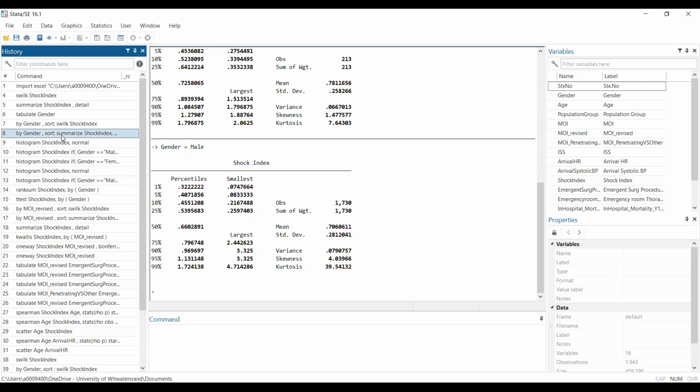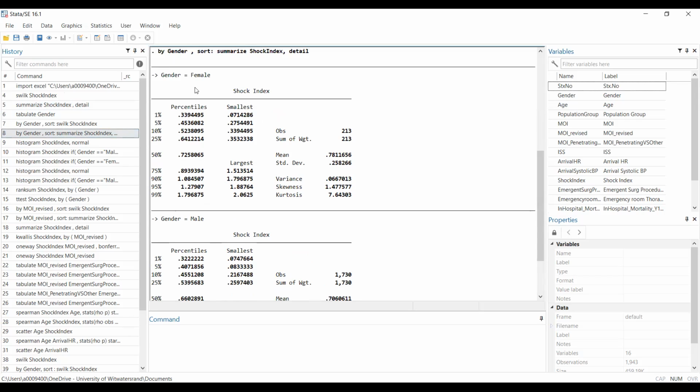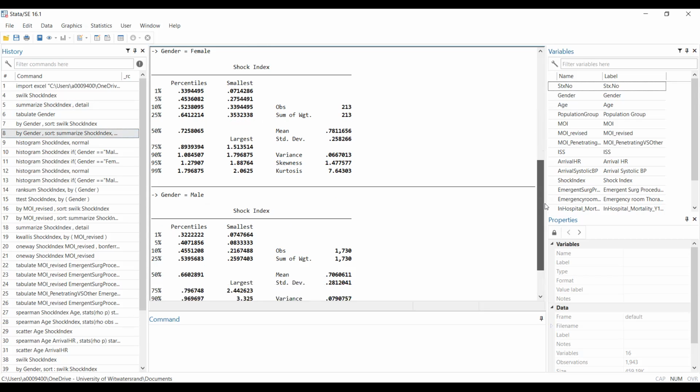So if we summarize shock index according to gender, you'll see that in females we have, again, like we said, similar median and mean, and an interquartile range. But then for males, we can see that the shock index median was 0.66 versus 0.73 in females.